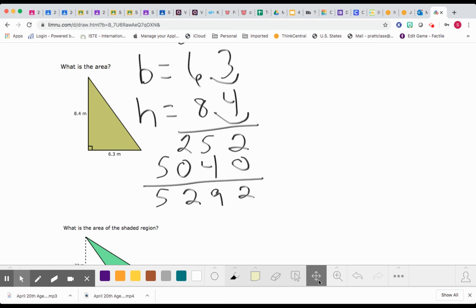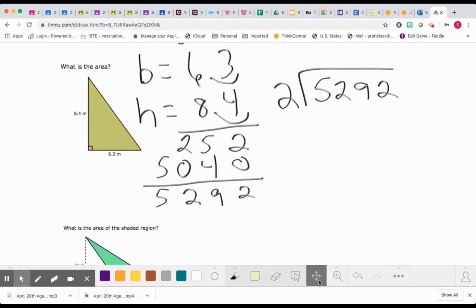Okay, now we're going to have to divide this by 2. So we're going to do 5,292 divided by 2.